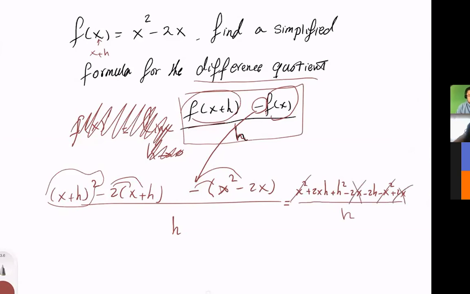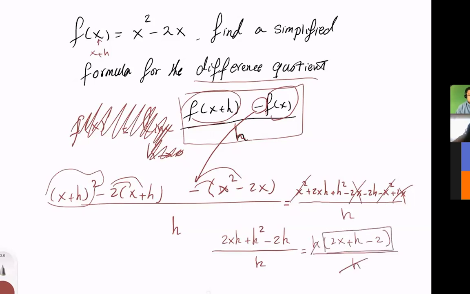We have 2xh plus h squared minus 2h over h. Again, the point of this is to get rid of the h. You factor the h, 2x plus h minus 2 over h. So this will be the final answer.